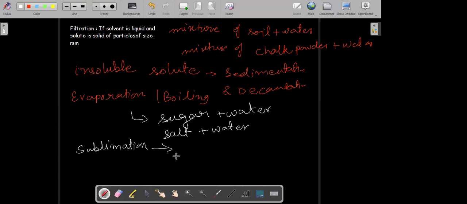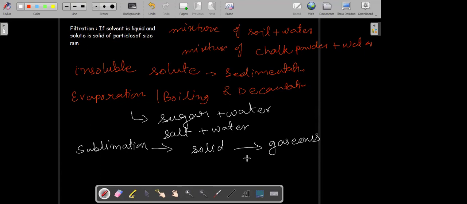Yes, so sublimation is the process when solid converts directly into the gaseous state without going into the liquid state. So solid does not go to the liquid state, it directly gets converted to the gaseous state. This process is called sublimation.